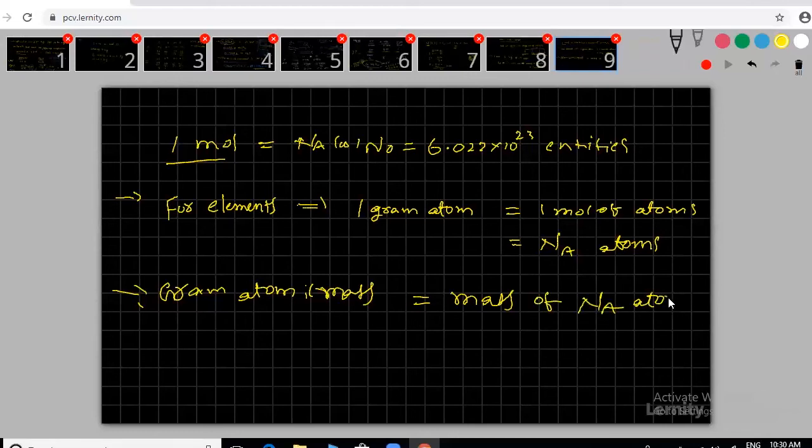I think you understood this one. What is the oxygen gram atomic mass? Oxygen gram atomic mass equal to how much, sir? 16 grams. Sodium gram atomic mass equal to 23 grams. This is the only concept.